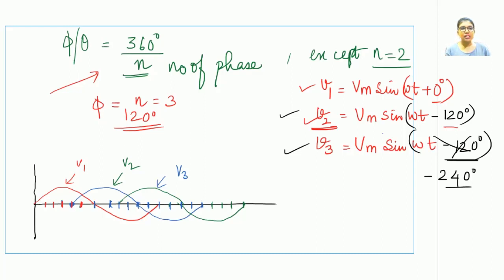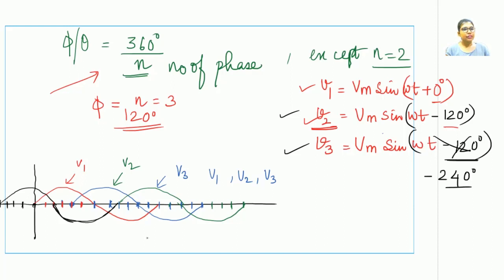Now there is something else that we also need to know. This is the third waveform. Now the waveform starts from here and all these waveforms will go around in a cyclic manner. After the generation of this V3, once again V1 will be generated, followed by V2, followed by V3. So at any instant of time, if we check the waveform, then it might look like this.